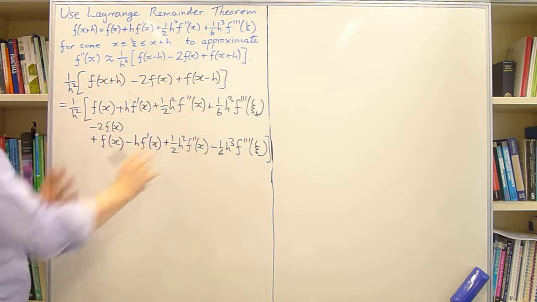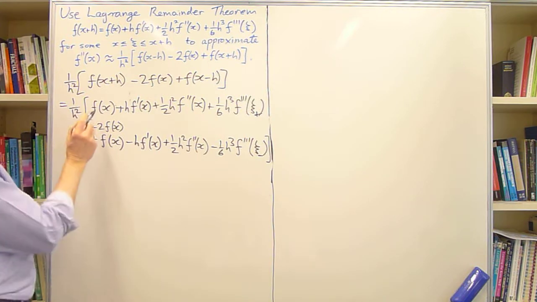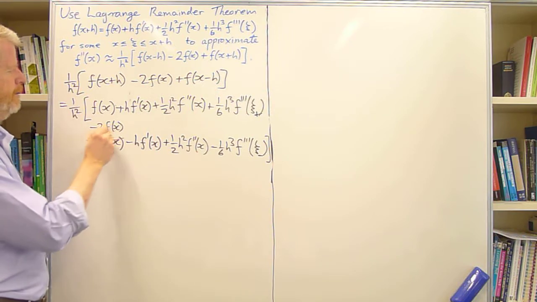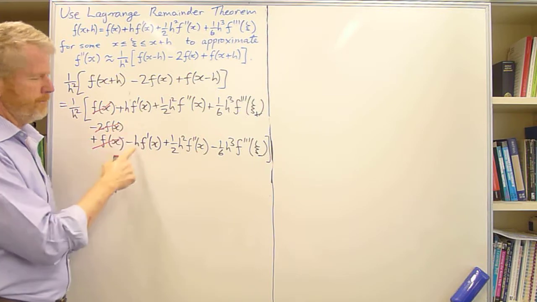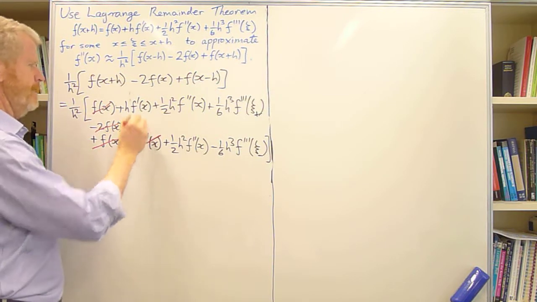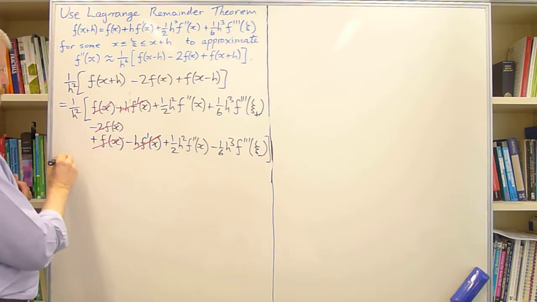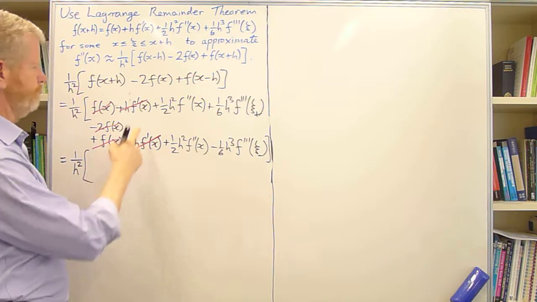Okay, now let's just simplify this, and a few things cancel straight away. We've got an f of x, minus 2 and a plus 1. f of x, they cancel. Plus h f dashed, minus h f dashed, they cancel. And let's see what we've got left. So there's the 1 over h squared at the front.